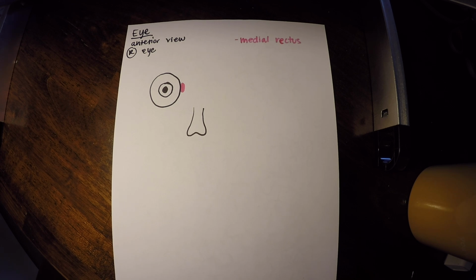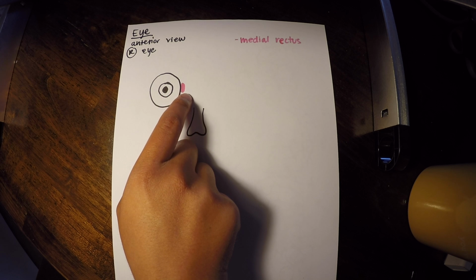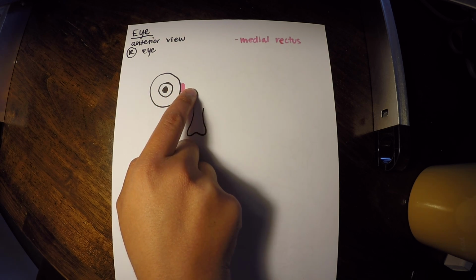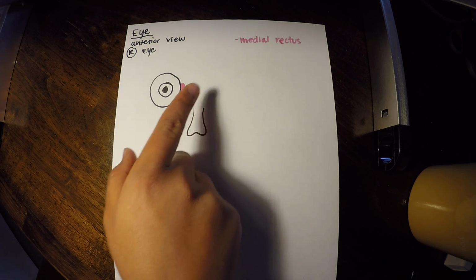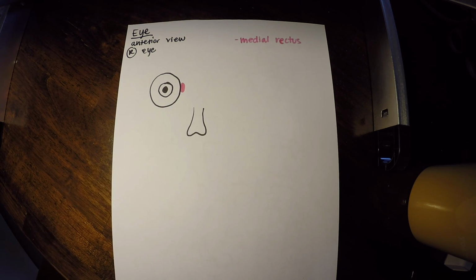But each nerve goes from our brain, and it sends fibers down to each muscle and gets the muscle to activate when we want it to. So if you want to bring your eyeball and look medially, almost from your right side to your left side, the medial rectus muscle is going to be activated to do that.